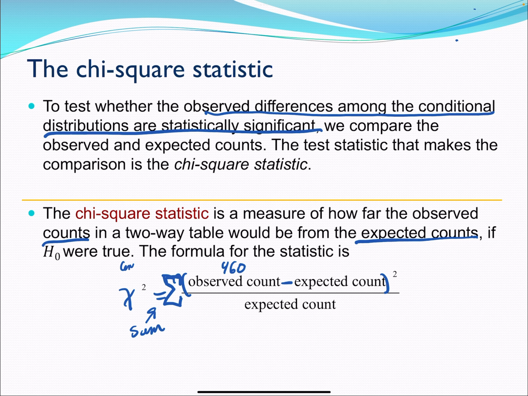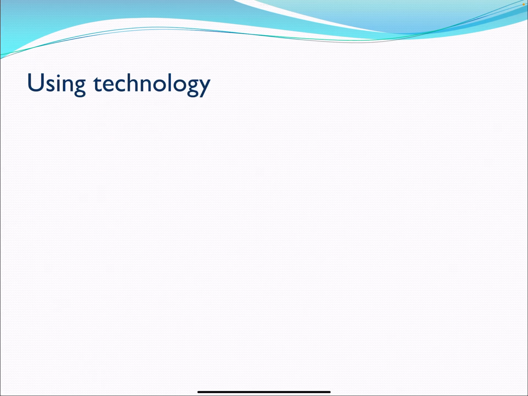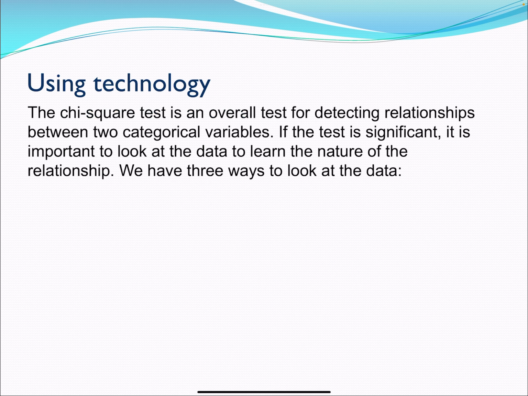So I have to take it for every single row and column, so every single square in our data. And the sum is over all the cells in the table. So typically you're going to want to do this using technology. You can do it by hand, but I wouldn't recommend it, right?